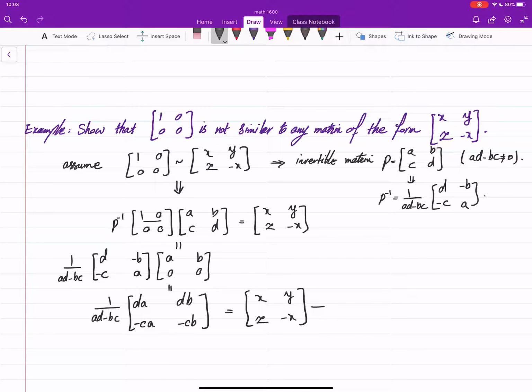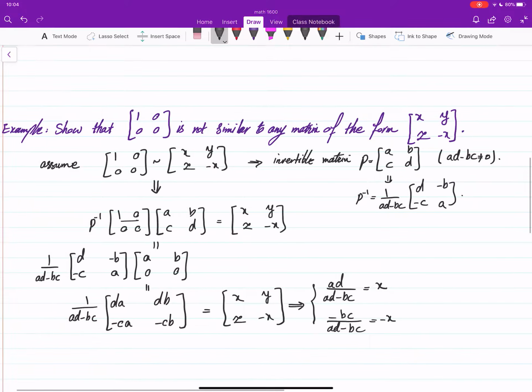But what does that mean? That means that the corresponding entries are going to be the same. So the 1,1 entry of the left-hand side is AD over AD minus BC, and this is supposed to be equal to x. Also the 2,2 entry of the left-hand side is minus BC over AD minus BC, which equals minus x.